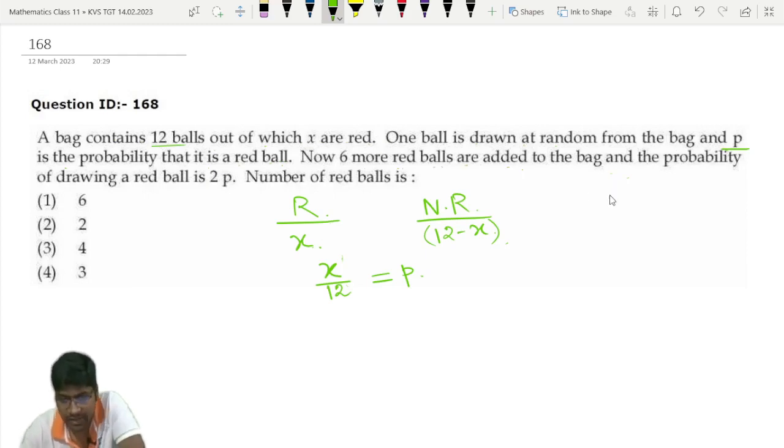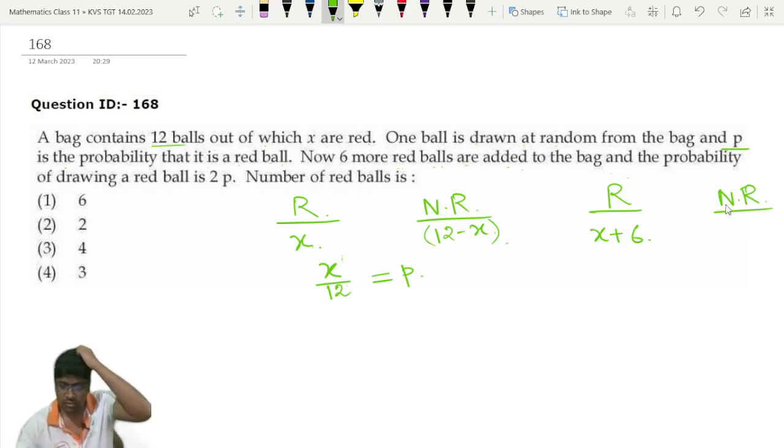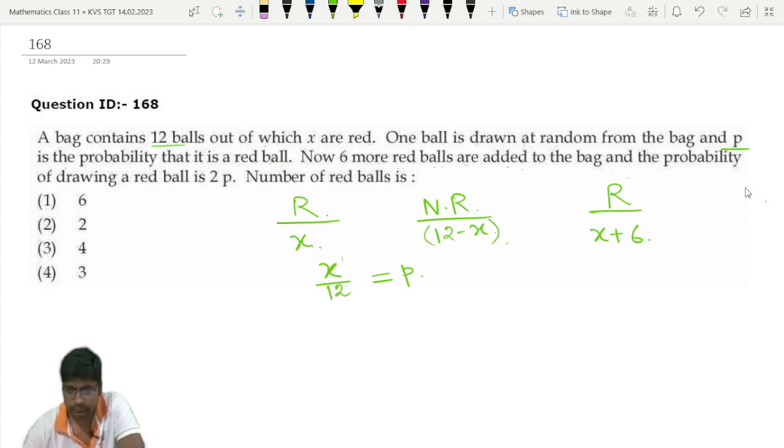Then what is the number of red balls now, and the total balls? 6 more red balls are added, so red balls are x plus 6, and total balls will be 12 plus 6, that is equal to 18.